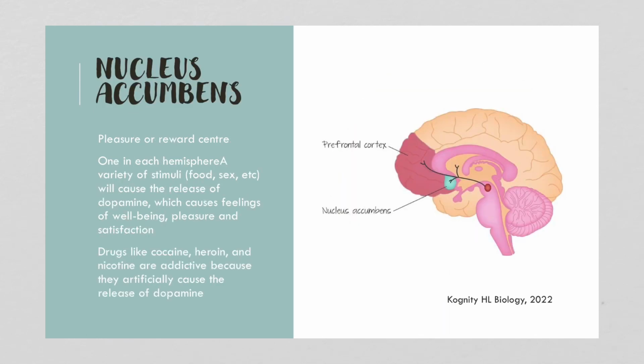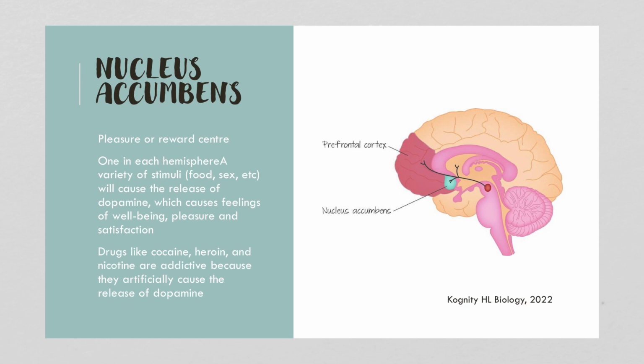So the nucleus accumbens is the pleasure or reward center, and there's one in each hemisphere. And a variety of stimuli will cause the release of dopamine, which causes feelings of well-being, pleasure, and satisfaction. So those stimuli could be food, it could be something else that makes you happy, it could be sex, and also it could be drugs.